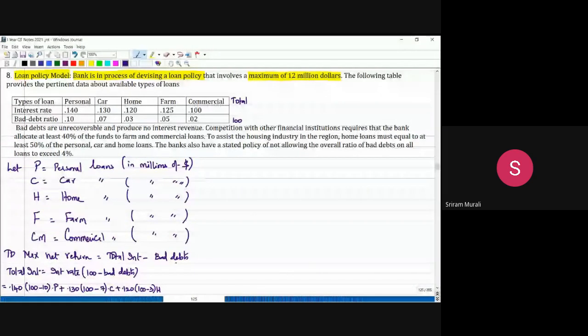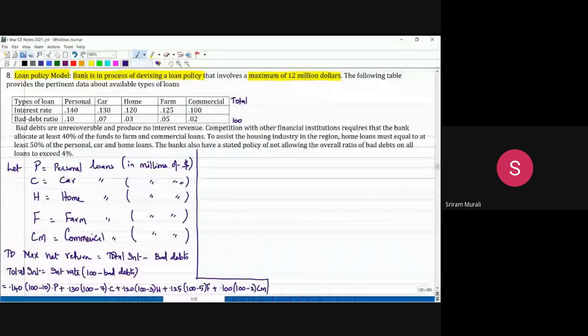This will be plus 0.125, where I don't get 5%, so 95% I will get. The last case is 100 minus 2 times of CM. Have you understood this part?